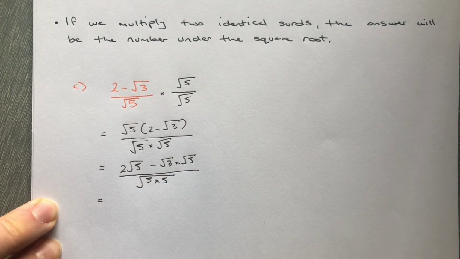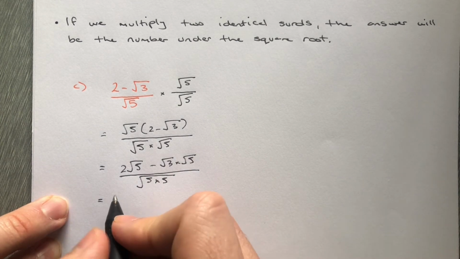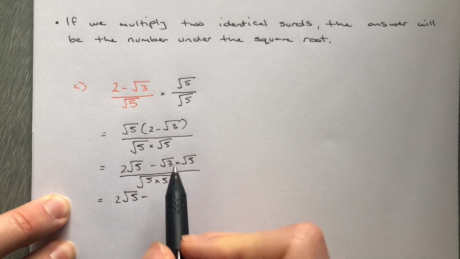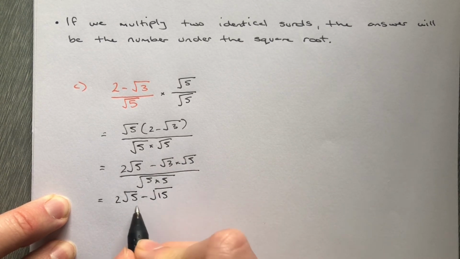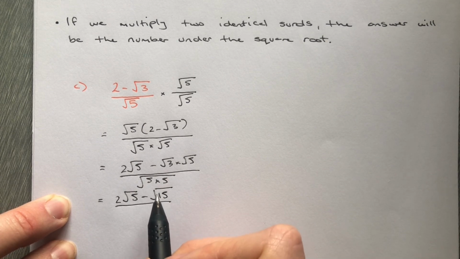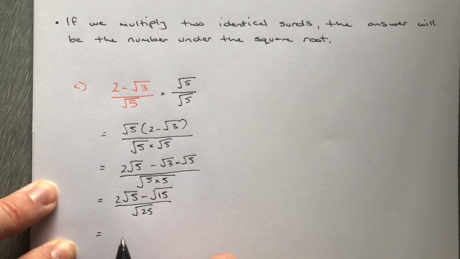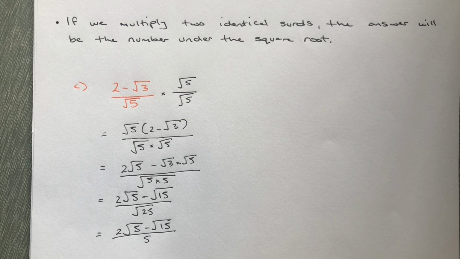I'm writing every single line down so you can see what I'm doing, but you don't necessarily have to do that. Okay, so these two together, they're going to become root 15. And down the bottom, we've got 5 times 5, which is 25. The square root of 25 is 5. So our answer is going to be this. And we're done.